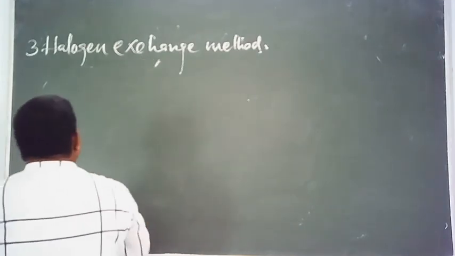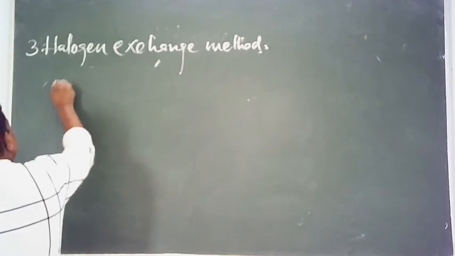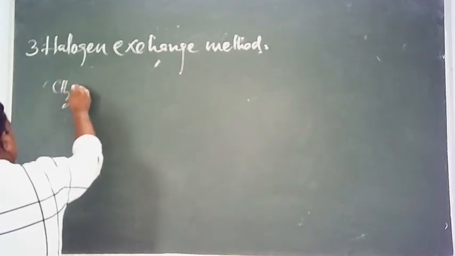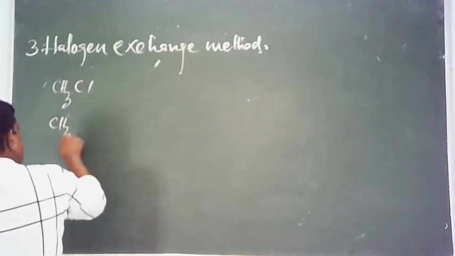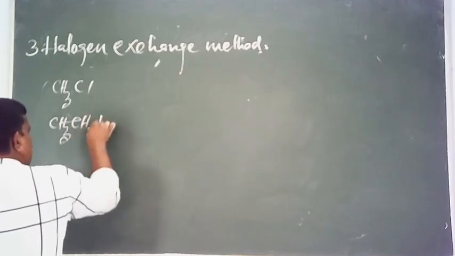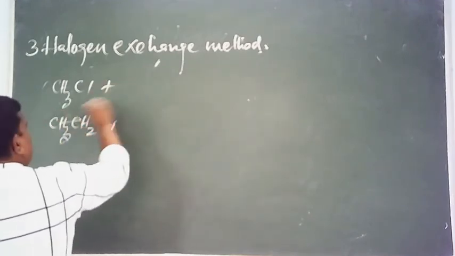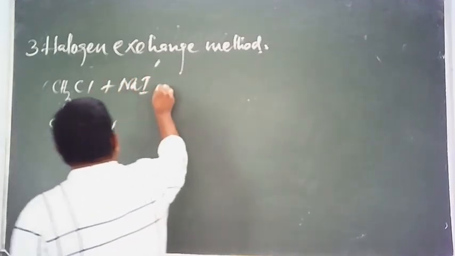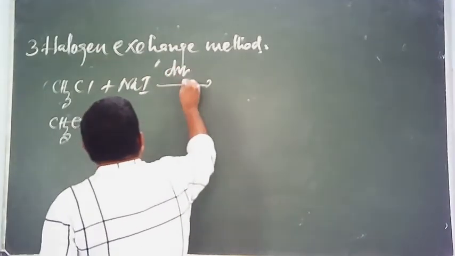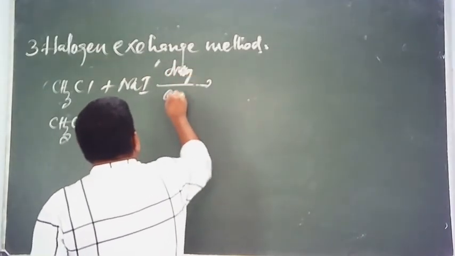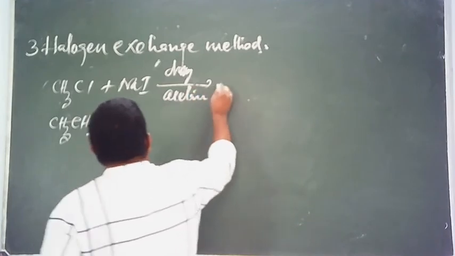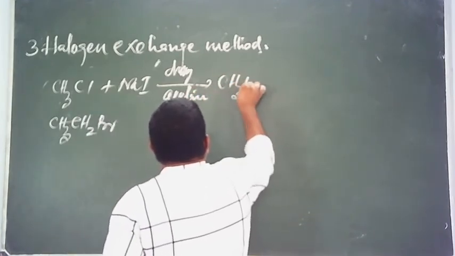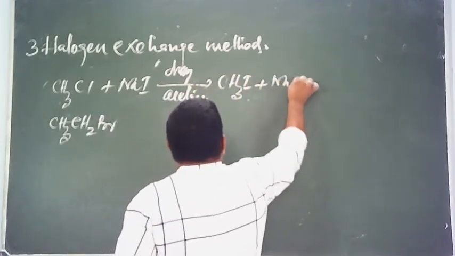Say CH3Cl, CH3CH2Br. Methyl chloride is taken, treated with sodium iodide in dry acetone, we get CH3I plus sodium chloride.